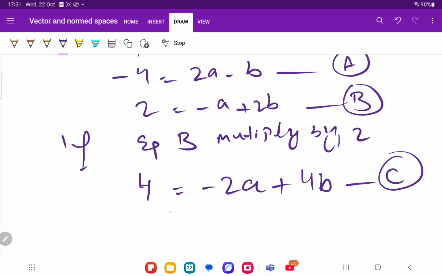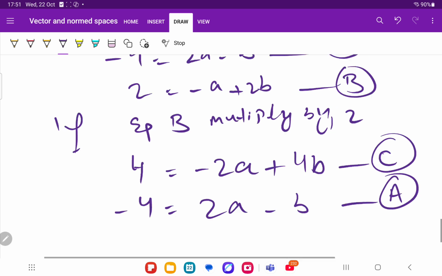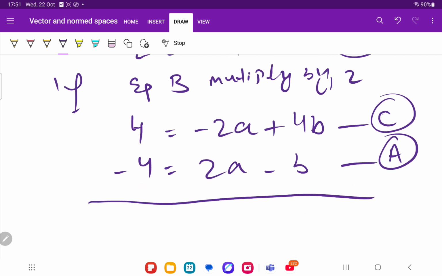Now I'm writing equation A again. After writing equation A, we'll just add both of these equations.